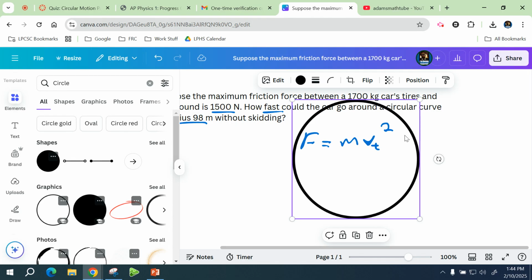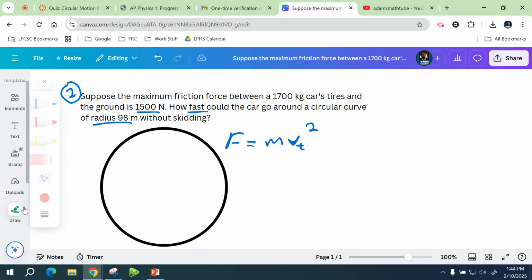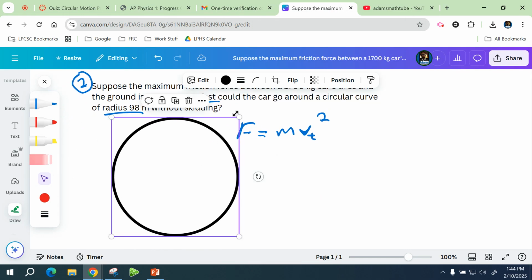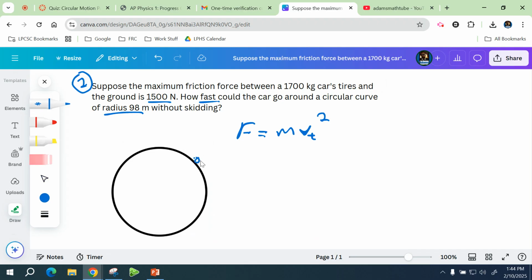There's a lot of stuff we're talking about. So this is, let me move this up here. So you got this car over here. Perfectly drawn car. And it is flying around this circle.